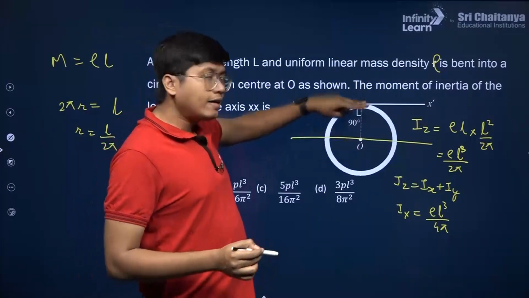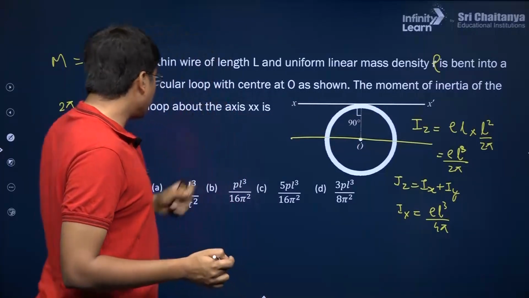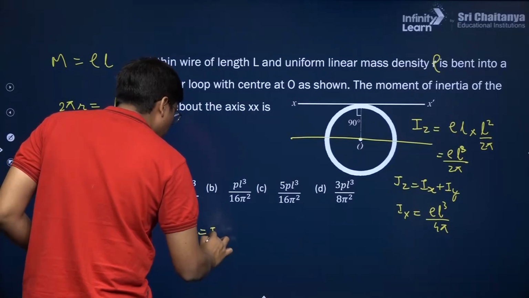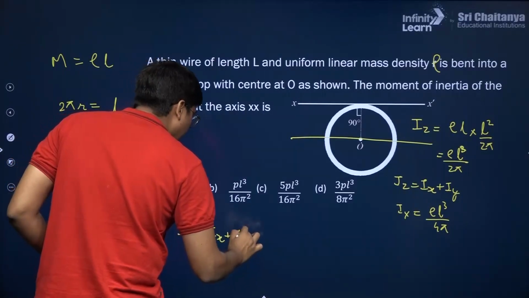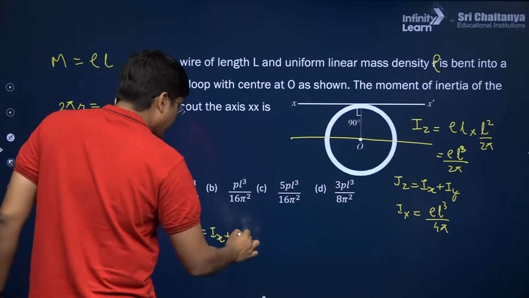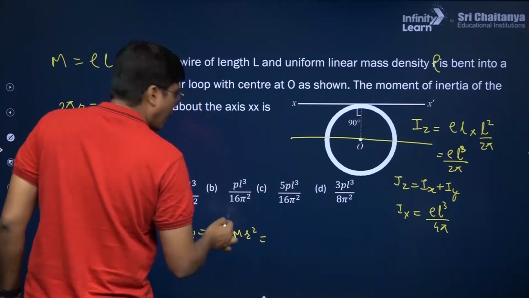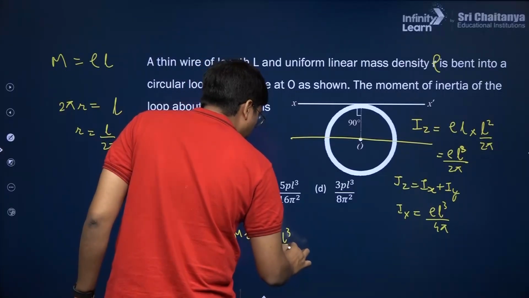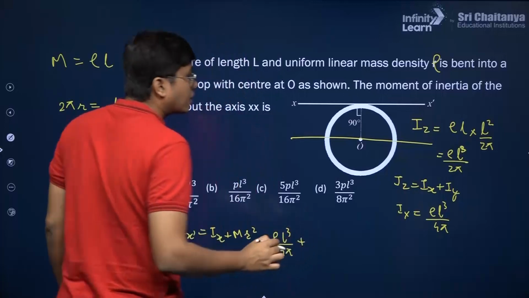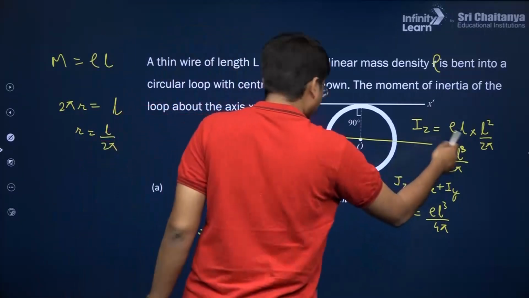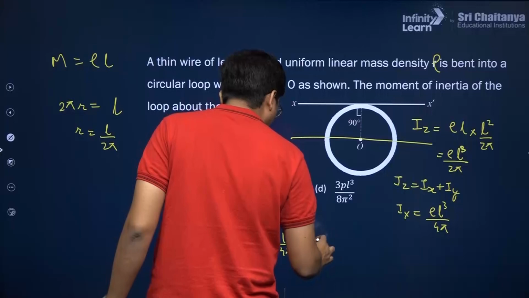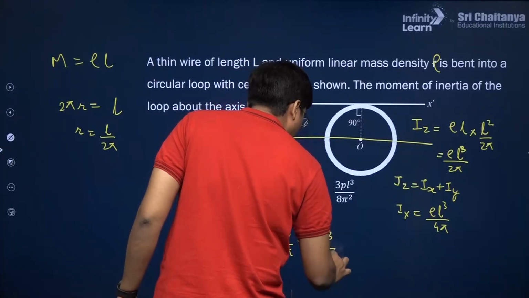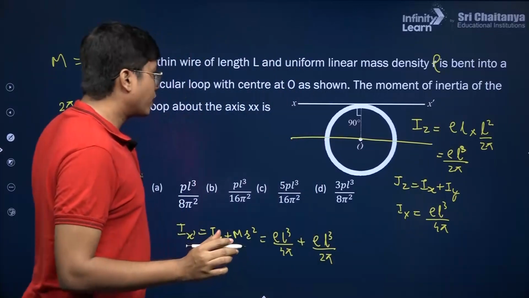Now I can use the parallel axis theorem, which essentially means that my Ix dash would be equal to Ix plus mr square. So Ix was rho L cube divided by 4 pi plus mr square, which was rho L cube divided by 2 pi over there.